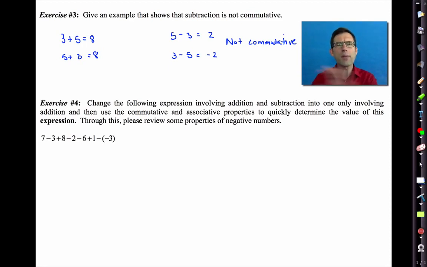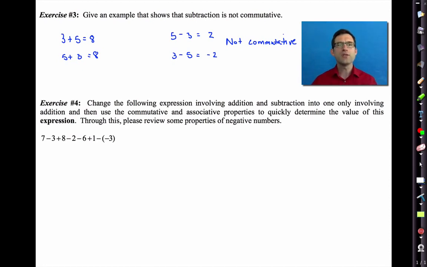And we're going to want to be able to manipulate those using the rules of numbers and operations, like order of operations and like the commutative property and the associative property. So subtraction presents us with a problem. We can't rearrange it. But subtraction can be commutative if you turn it into addition. And that's what exercise 4 is all about.